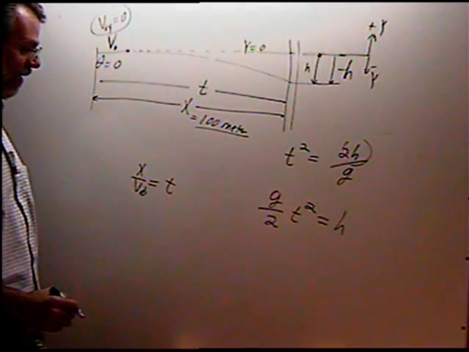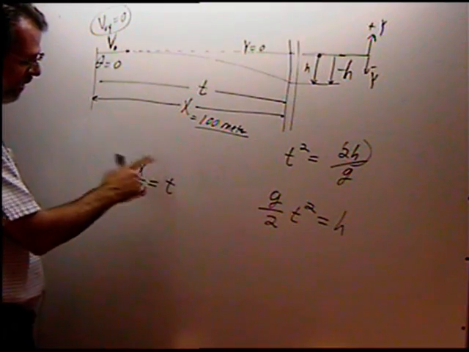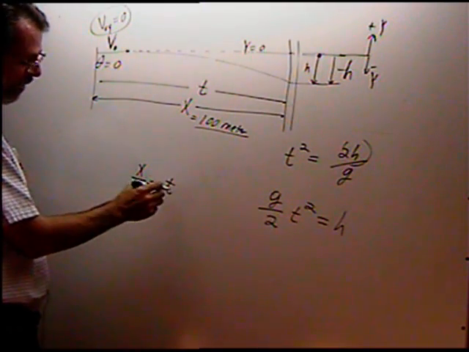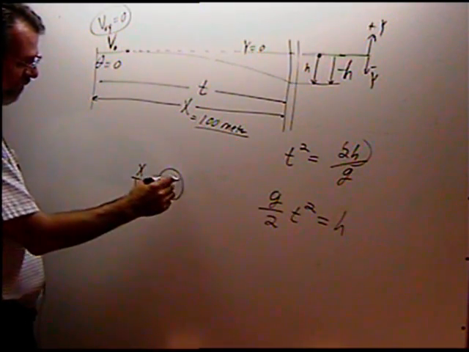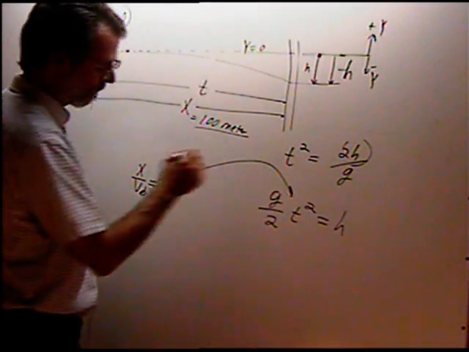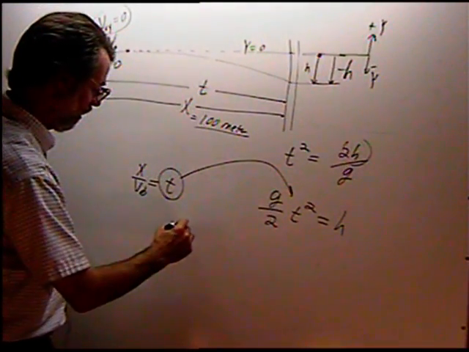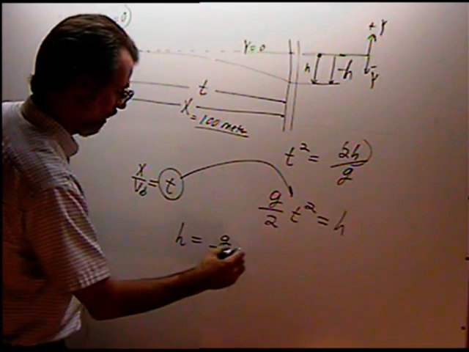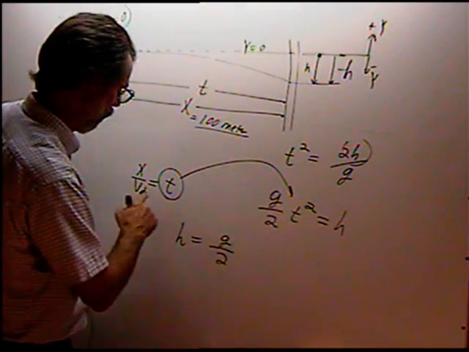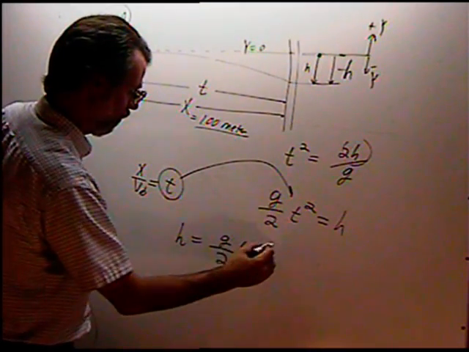Okay? And we know what t is. Well, we can calculate t by taking x divided by v0, so we can plug that into here. So if we wanted to solve it purely algebraically, it would be h equals g divided by 2, and we substitute in for t, which is x over v0, squared.